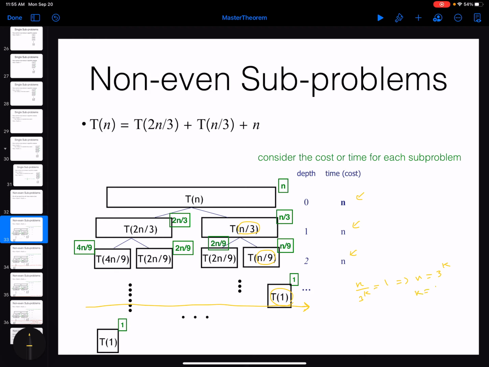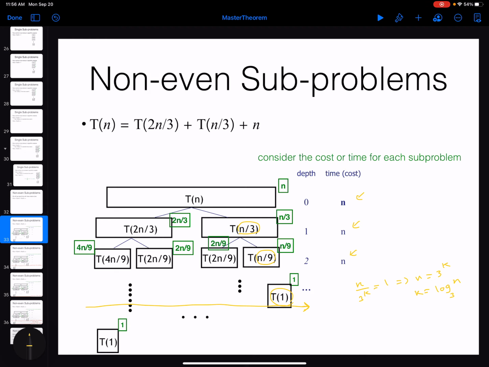K will be log of n in base 3. Remember, we don't really care about the bases of the log, so k is going to be log of n.